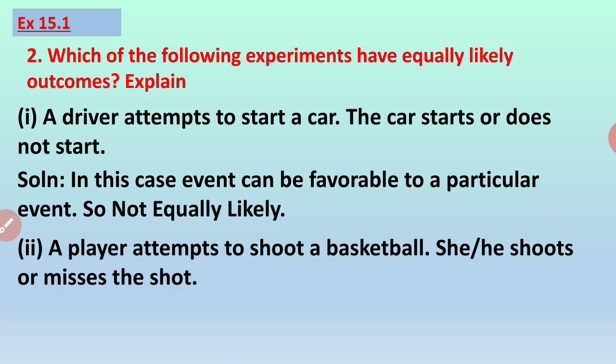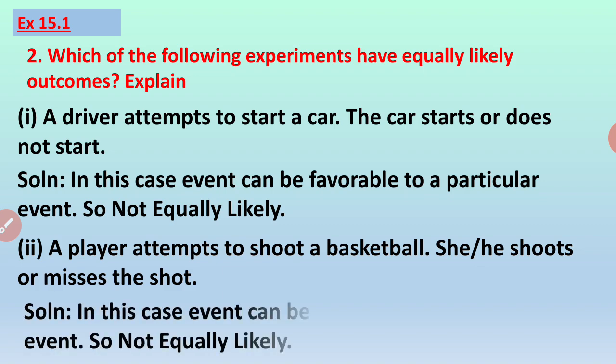Next, a player attempts to shoot a basketball. He or she shoots or misses the shot. Now this is also an example of a not equally likely event because it depends on the player's capability. If this is a very good player, it may happen that he or she is able to shoot each and every ball, gets the basket every time.